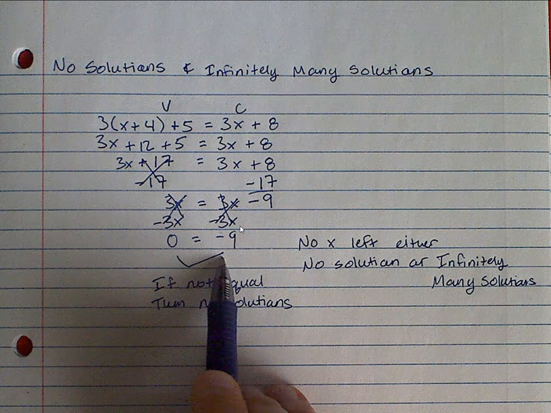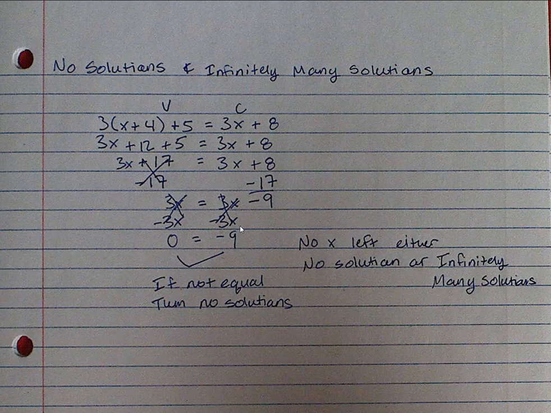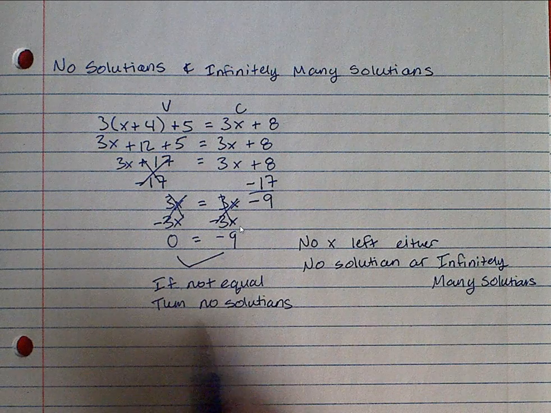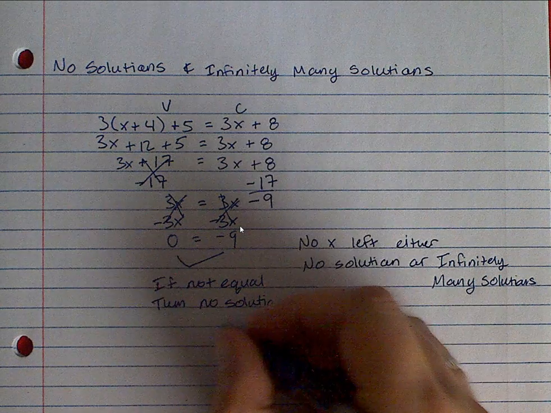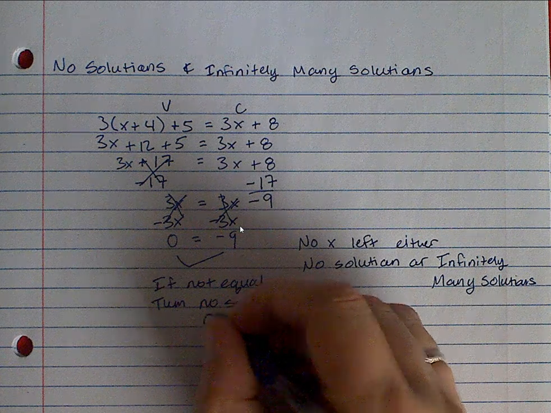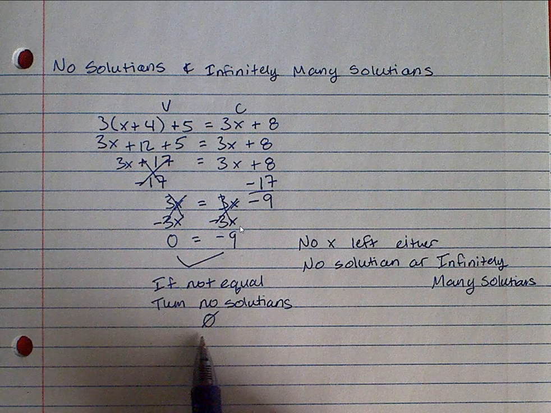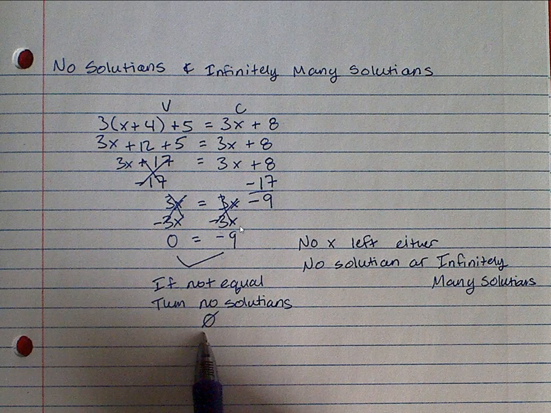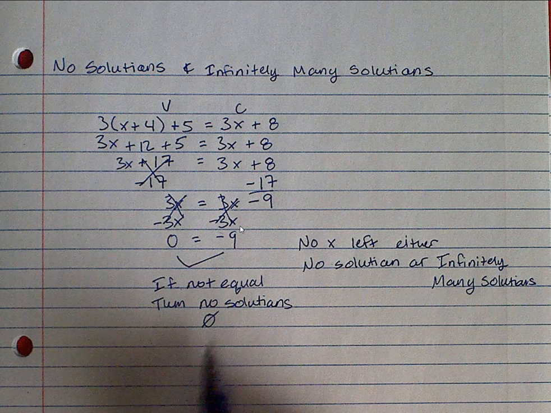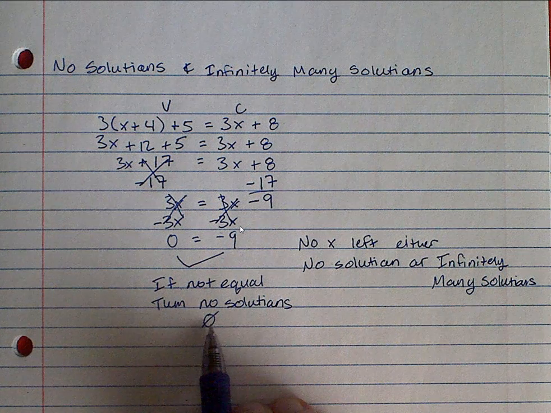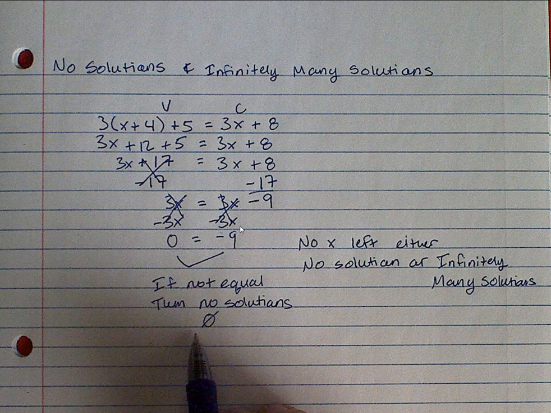So there's no solutions. There's two other ways that you can write this, because I know you guys don't like writing out words because work. The other two ways you can do that is you can draw a 0 with this diagonal line through it. And in math, that's something called the empty set. Which, I mean, you don't have to necessarily know what that is. In the military, that's just how they draw their zeros. But in math, the 0 with the line through it is called the empty set.